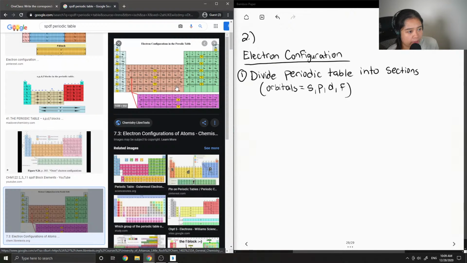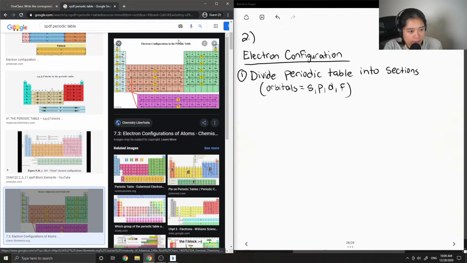And then the middle transition metals is the D orbital. And then the last 2 rows, so the lanthanides and actinides, would be your F orbitals. So this is pretty easy to divide. So sometimes you're just given a periodic table on your test or a quiz. So make sure you know how to divide the periodic table into these sections.